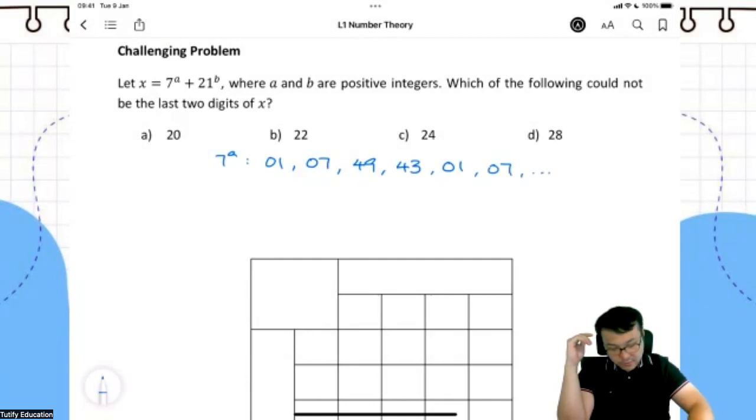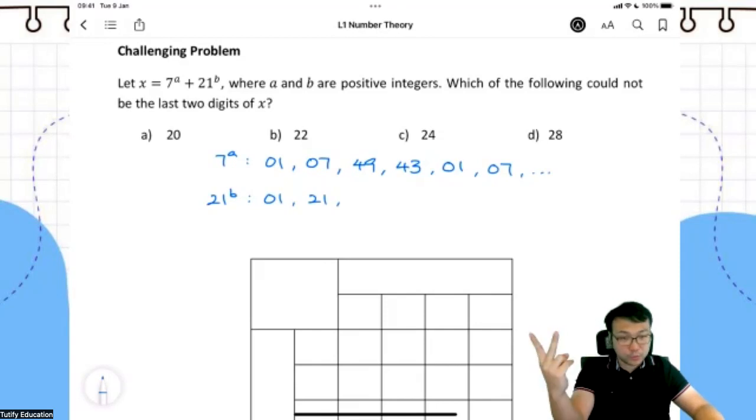What about 21 to the power of b? Again, anything to the power of 0 is always 1. Then 21 to the power of 1 is obviously 21. 21 to the power of 2 means 21 times 21, which gives 441, so the last two digits are 41. Then you take 41 times 21, and the last two digits are going to be 61.